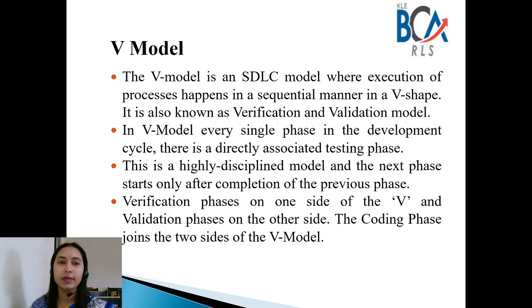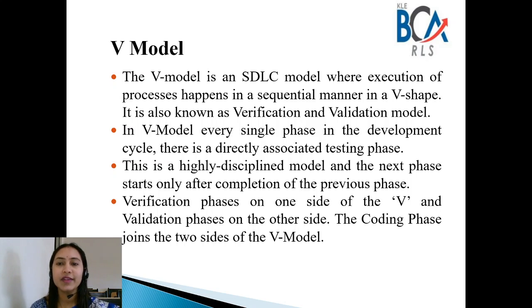So let us see. The same discussed points are mentioned here. It is a model where execution of a process happens sequentially, like in a V shape. The phases work in a sequential manner. One phase is completed, and only then does it go to the next phase and perform the action. It is also known as the verification and validation model.